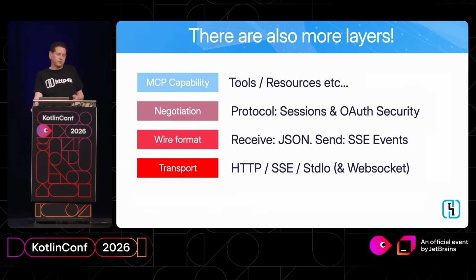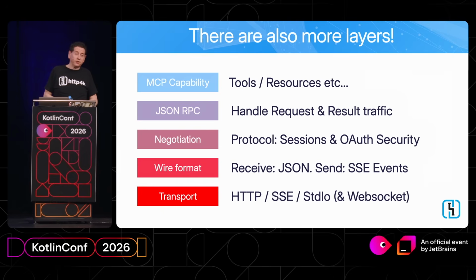We also have negotiation. MCP is currently a session-bound protocol, which means there is an initiation ceremony, I suppose, an exchange when we set up an MCP connection in the first place. There's also security considerations, something that has been rather interesting in MCP land, I'm sure you will probably know. And MCP has settled on OAuth for that.